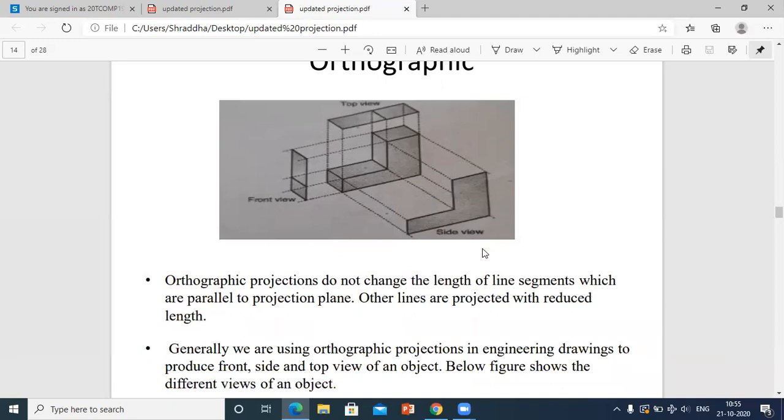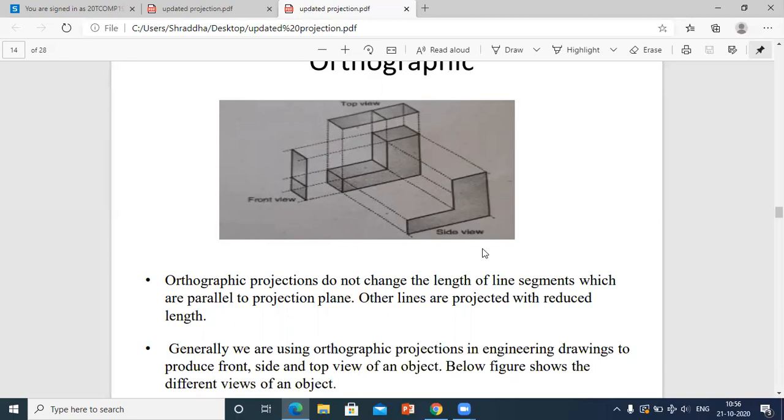Orthographic projections do not change the length of the line segments which are parallel to the projection plane. Very important point. Other lines are projected with reduced length. But which line segments keep their length? The lines that are parallel to the projection plane.